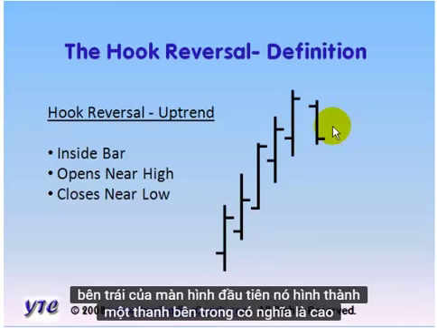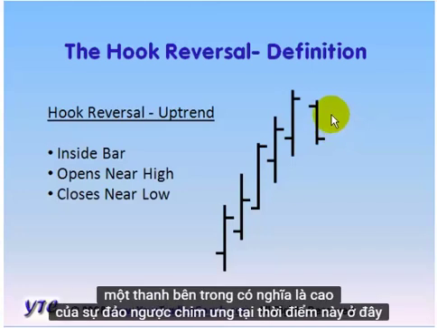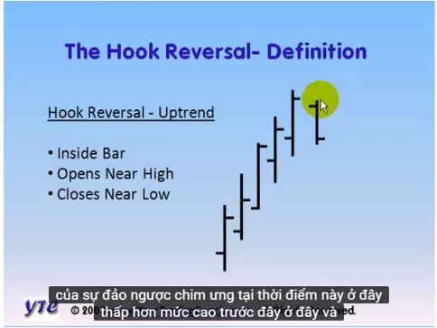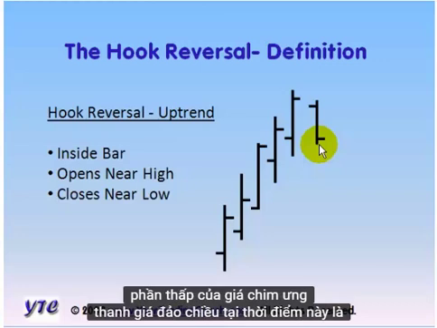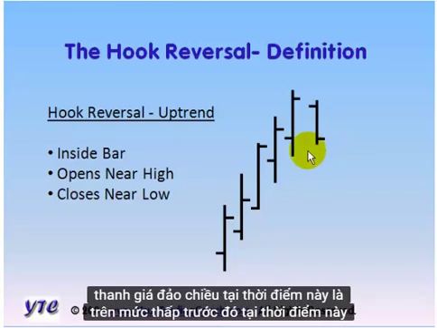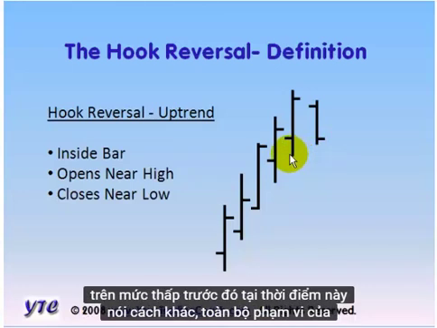Firstly, it forms an inside bar. That means that the high of the hook reversal at this point here is lower than the previous high here, and the low of the hook reversal price bar at this point here is above the previous low at this point here.